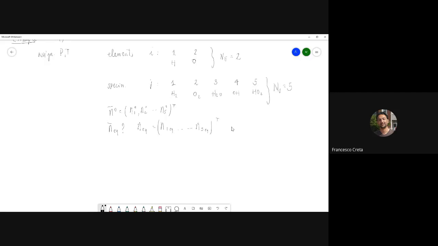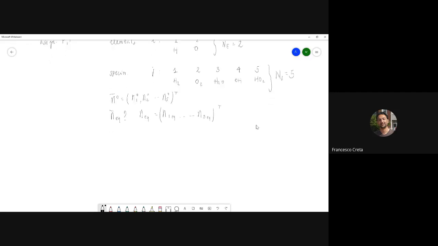So what is the first thing that we have to do? Well, we first have to apply a restriction on our phase space, and we impose the conservation of atoms, which again is represented by this set of equations. How many of those do we have?